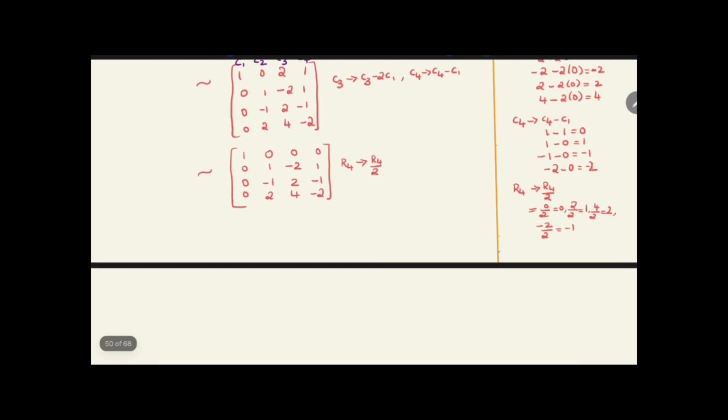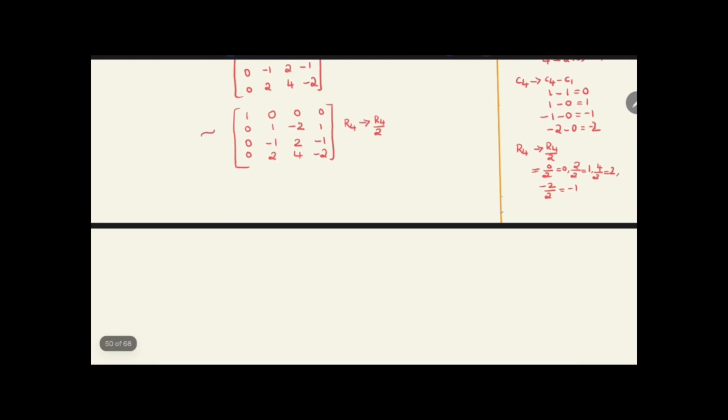Okay. So now let me write down the new matrix here. The first three rows remain the same, that is 1 0 0 0, 0 1 minus 2 1, 0 minus 1 2 minus 1, and the last one is 0 1 2 and minus 1. Yes. Now after this, I have to make these two 0, right?